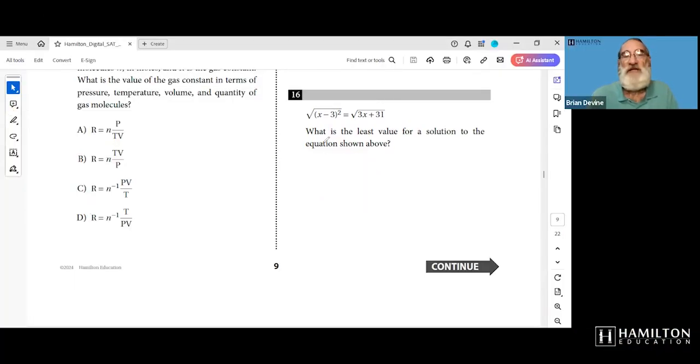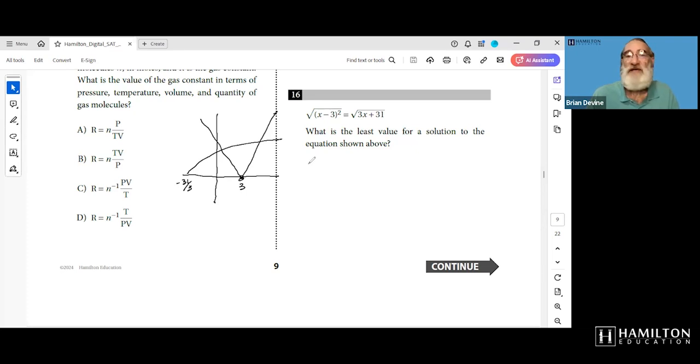Number 16, you could graph that thing right away. I mean, if I were to go into Desmos and graph that thing, I'm going to get something that looks kind of like this, and it'll do something like that. And I know that this will be 3, and this will be like negative 31/3 over here.